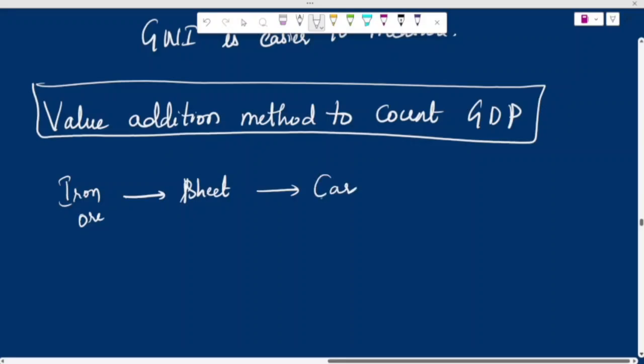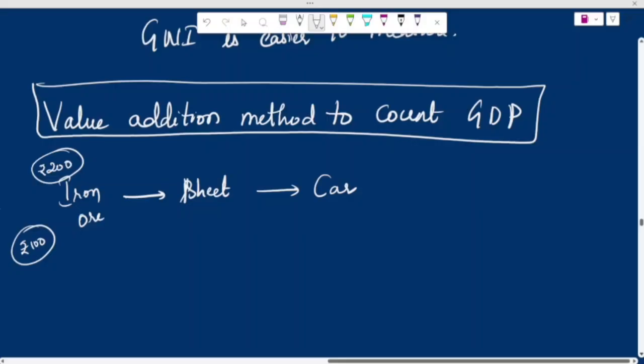Here, I will be buying iron ore from a company, and they'll be selling it to me. If they are getting the iron ore of 100 kgs from the mining sites for rupees 100, they will be selling it to me for 200 rupees because they have worked on it.